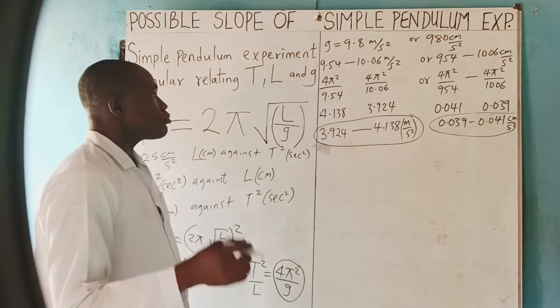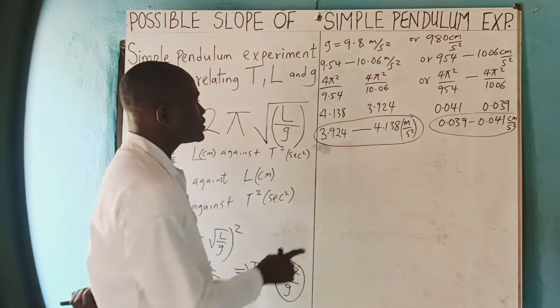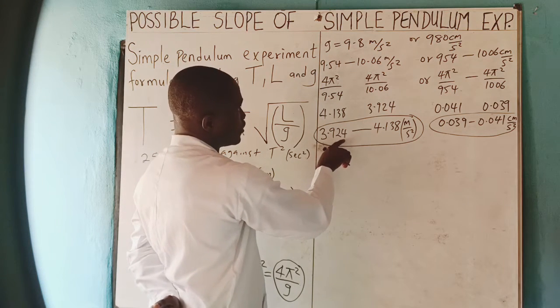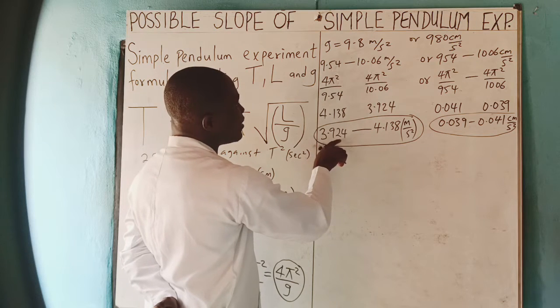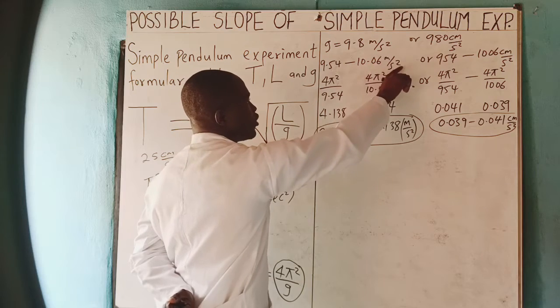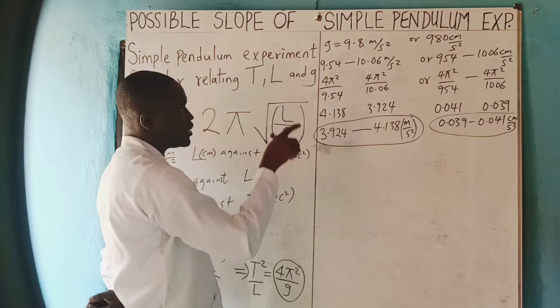Okay, then we have been able to see the slope. That means if you are getting 3.924 as your slope, your G is equivalent to 10.06 meter per second squared. That is when your length is in meter and your T square is in second square.